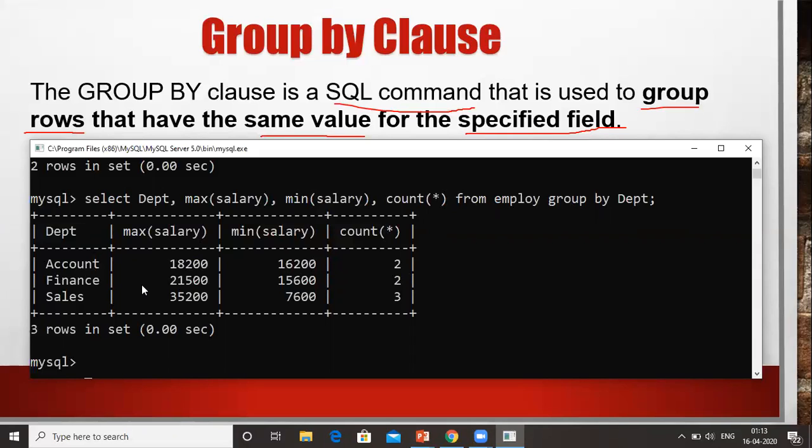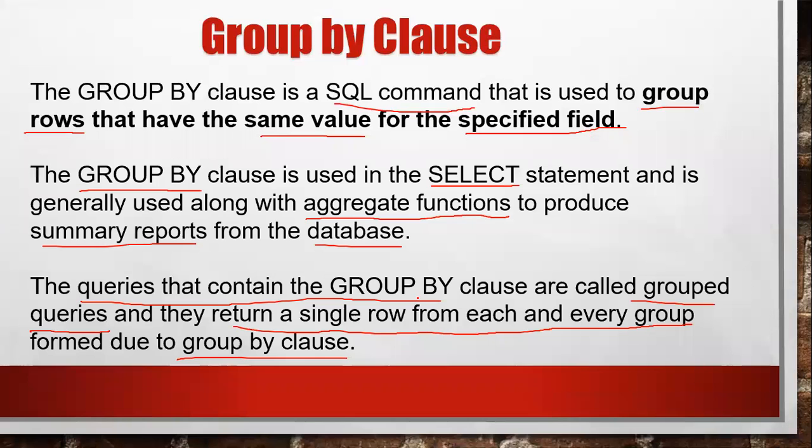Similarly, from the finance department group they obtain a single row result, that is this, and from the sales department group they obtain this single row. So these are the basic points with the group by clause, you can note them down, right?